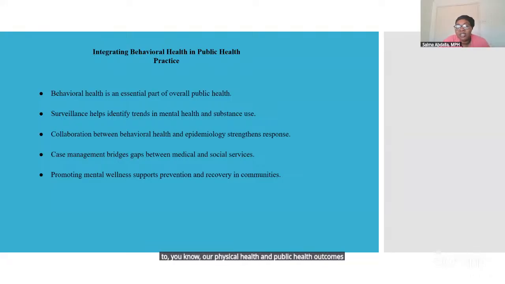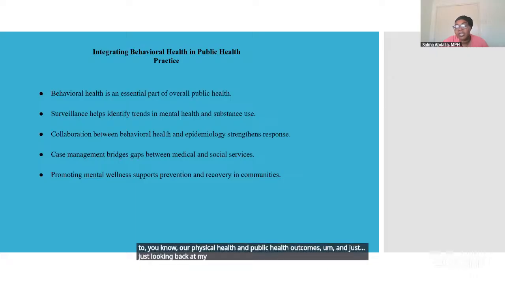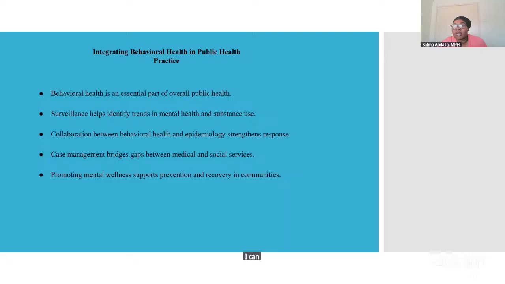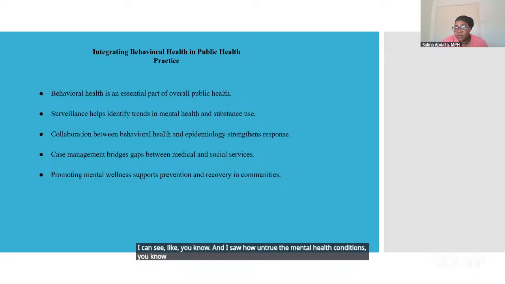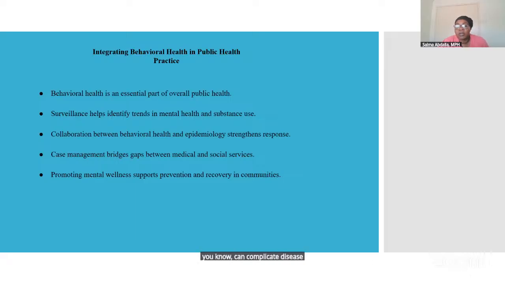And just looking back at my experience as a case manager, I saw how untreated mental health conditions or substance use issues can complicate disease prevention and management. Through behavioral health surveillance, we can also identify emergent patterns.